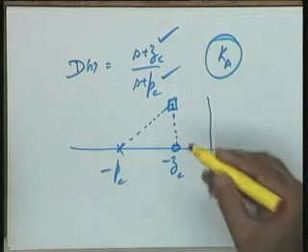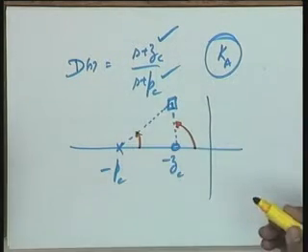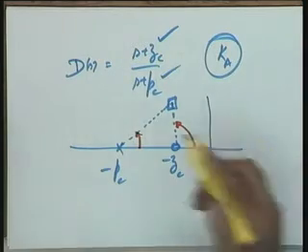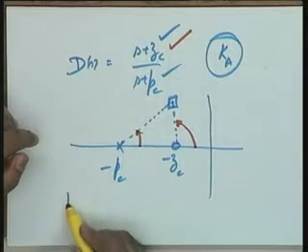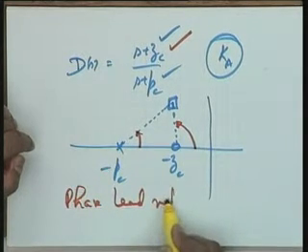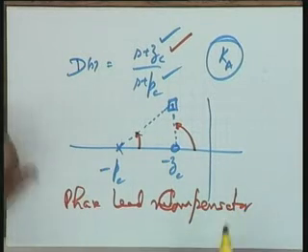Is it positive or negative? I think it's clear. This is plus, this is minus, so it is the net positive angle which is being added, and it is because of this that this compensator which compensates for the deficiency in the performance is referred to as phase lead network, or phase lead compensator is the name given to this.